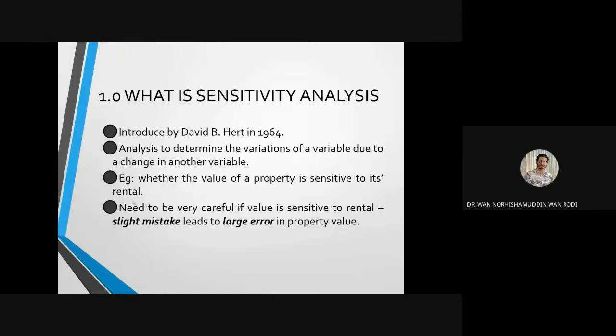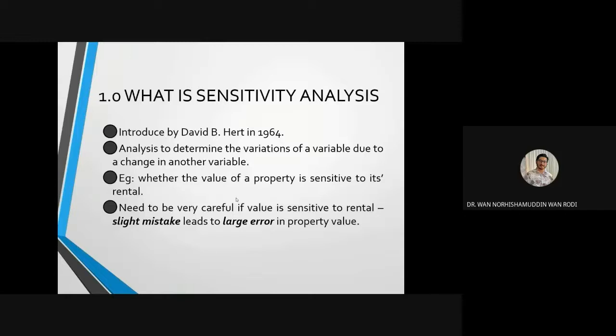Okay, for example, whether the value of a property is sensitive to its rental. In this context, we can see that there is a relationship between rental and value. By applying sensitivity analysis, we are trying to look into the changes of rental, whether the value of property is sensitive to the changes in rental.